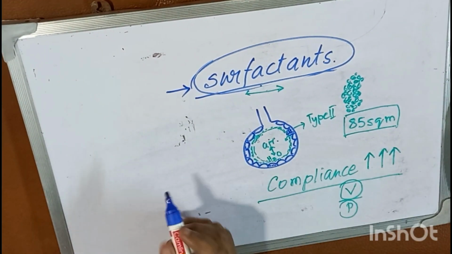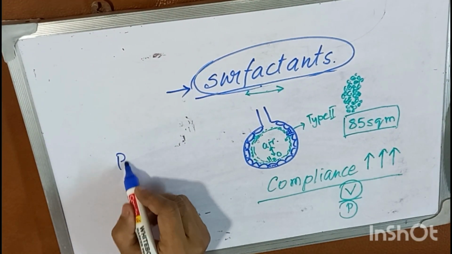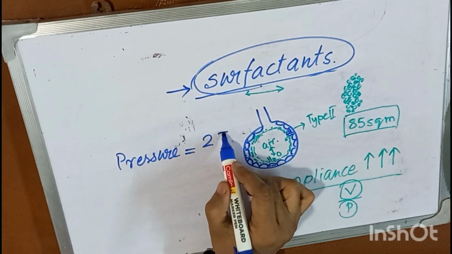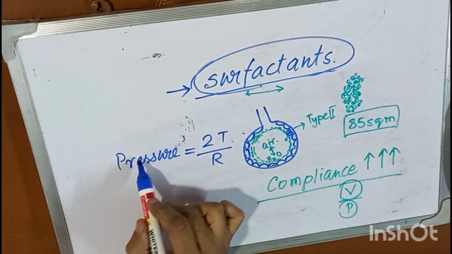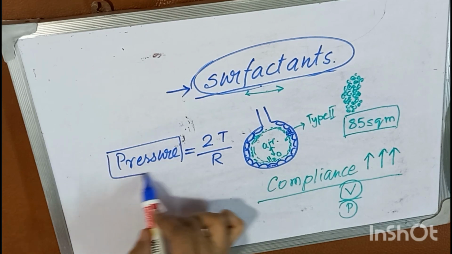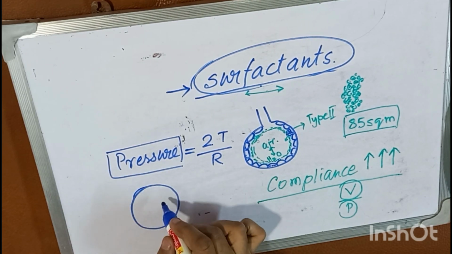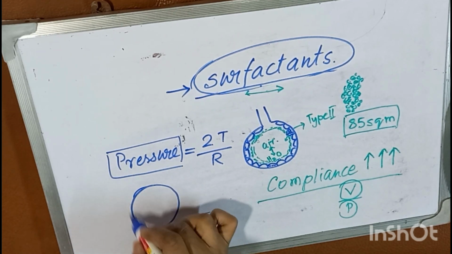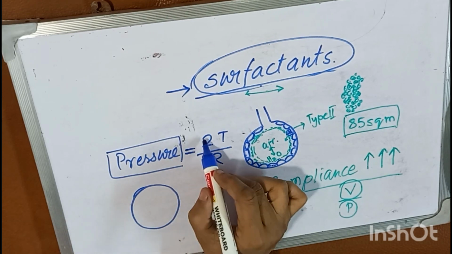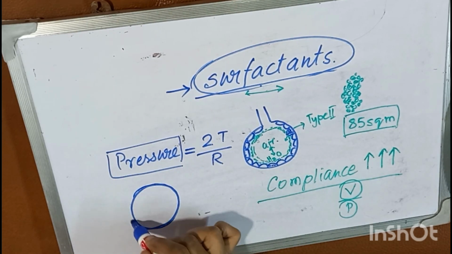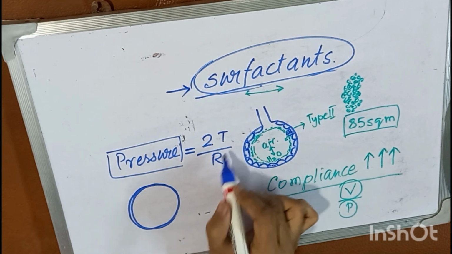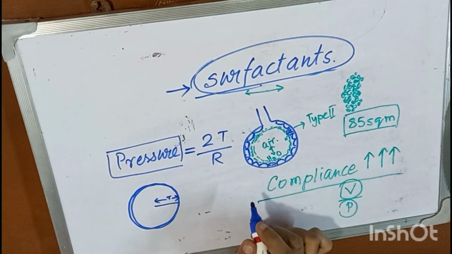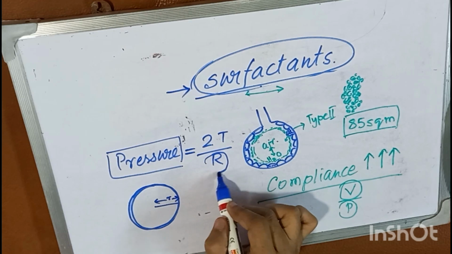According to Laplace law, pressure inside alveoli is equal to 2T by R. This Laplace law is for any spherical volume, and the pressure inside this spherical container will be equal to 2T, T being the surface tension of this spherical volume, divided by R, the radius. The pressure is inversely proportional to radius.